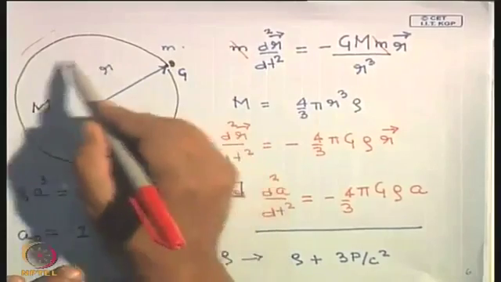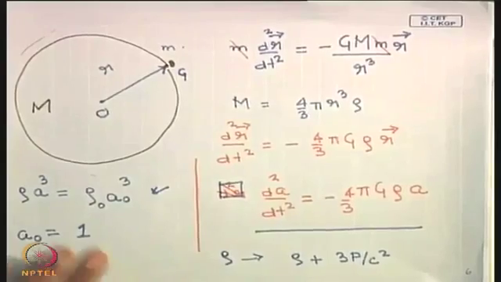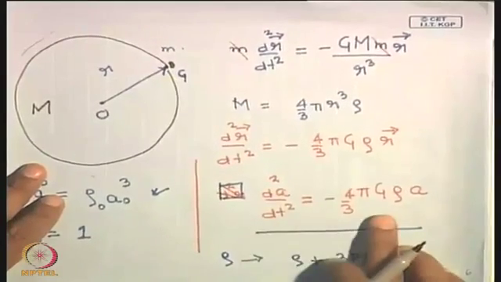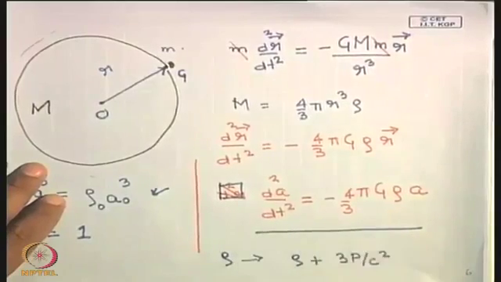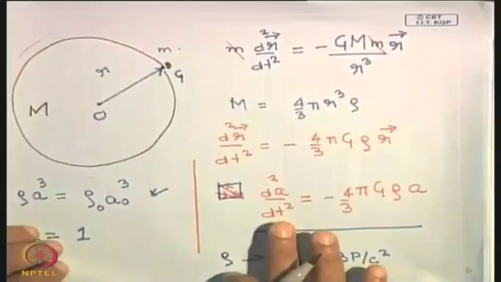If the constituent of the universe has pressure, this has to be modified, rho has to be replaced by rho plus 3p by c squared. So this is the equation that governs the acceleration or deceleration of the universe. This is the equation that governs the dynamics of the expanding universe.